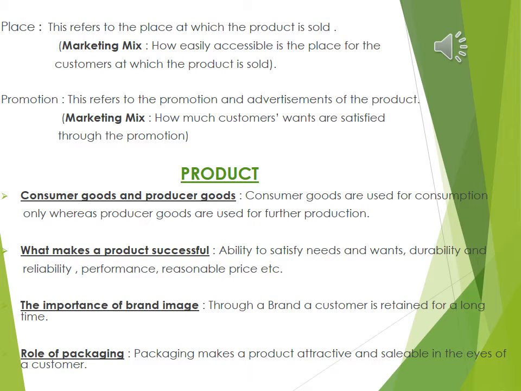Let us now understand what makes a product successful. Every product that has to satisfy customers' needs and wants should have a few points, a few features that will help in its success.